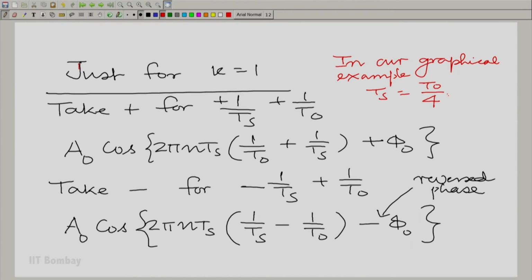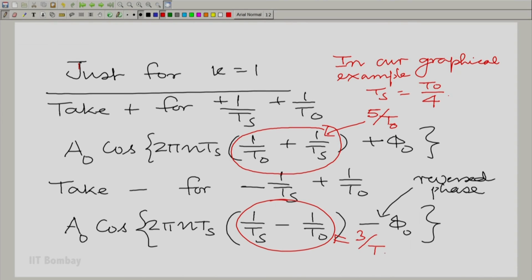So, essentially you would see 1 by T0 plus 1 by Ts is 5 by T0, and 1 by Ts, which is 4 by T0, minus 1 by T0, is 3 by T0.